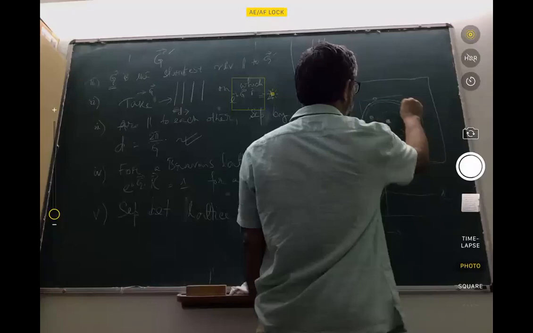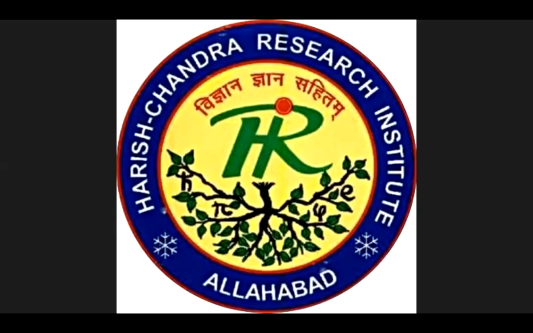Suppose you have applied periodic boundary conditions, and you have one particle here, and another one sitting here.